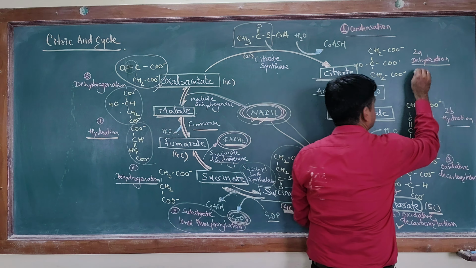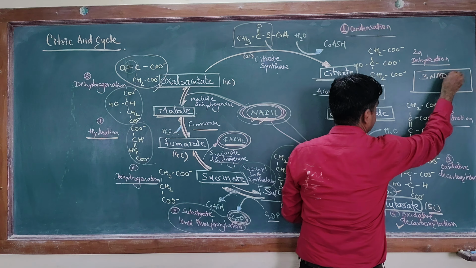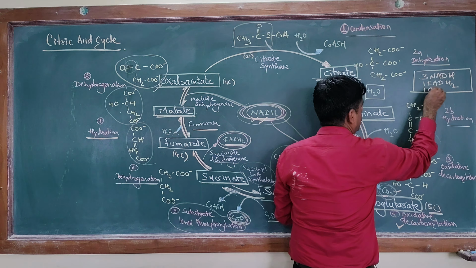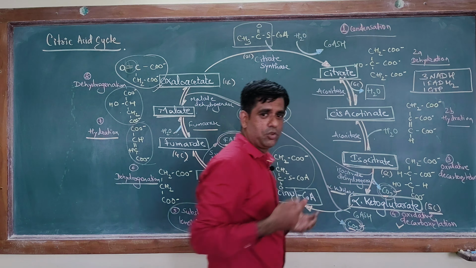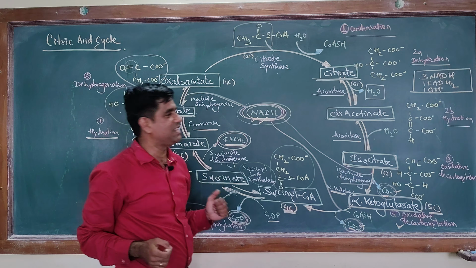To summarize, we have formation of 3 molecules of NADH, 1 molecule of FADH2 and 1 molecule of GTP, equivalent to ATP, which is being formed. So this is what happens in a typical citric acid cycle.